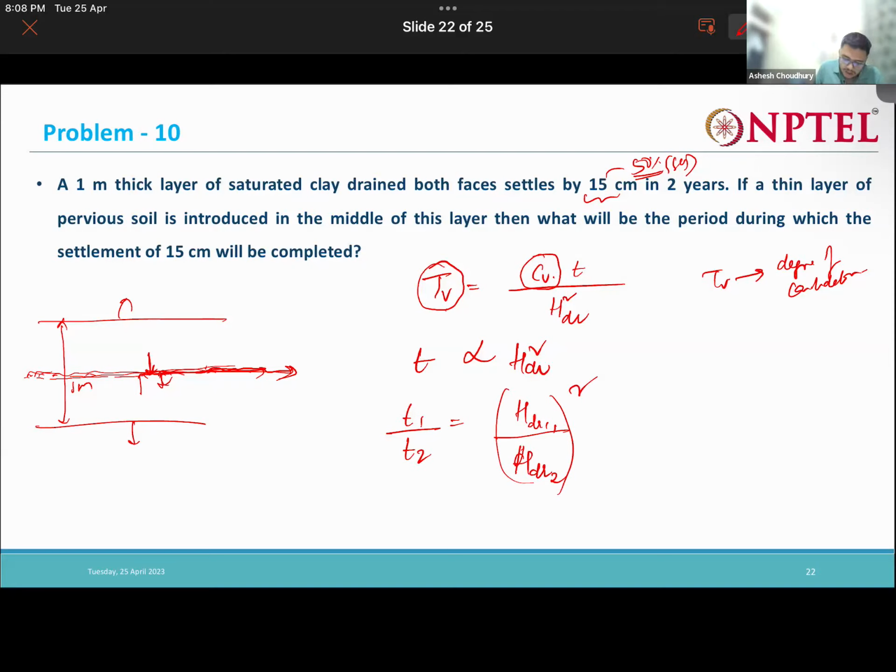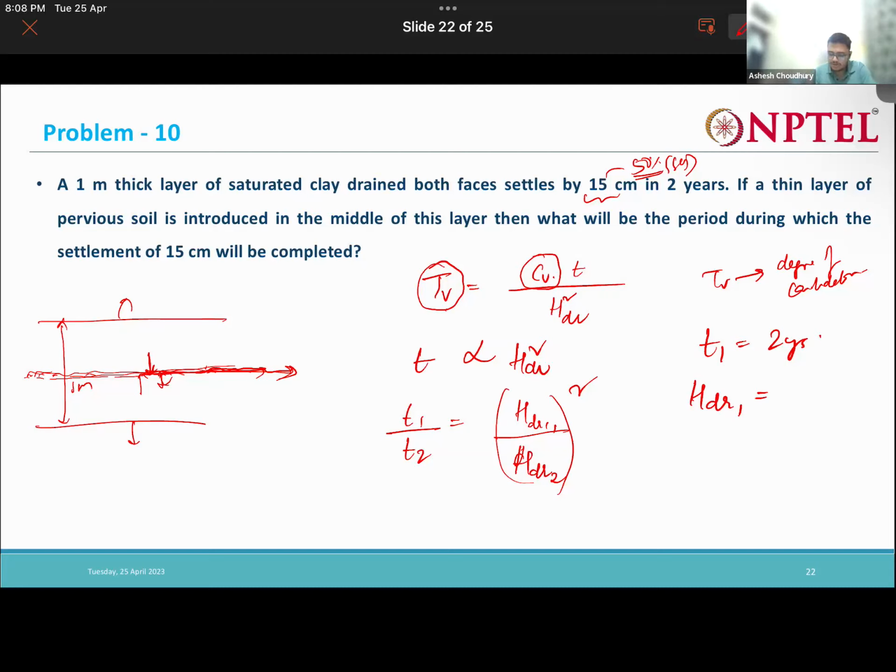So now when this time is 2 years, what is my HDR? Reduced by 4 times. Yes, let us do that. It will exactly reduce by 4 times.